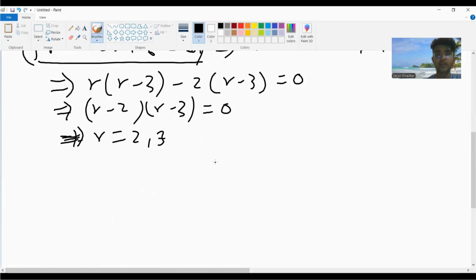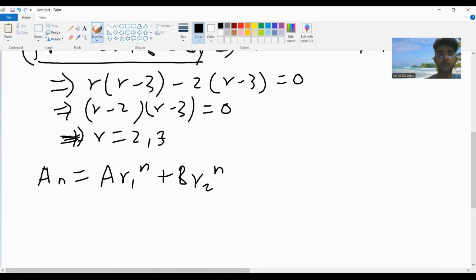The next step in the characteristic equation method is the general solution, which is given like this: a n equals a r1 raised to n plus b r2 raised to n.